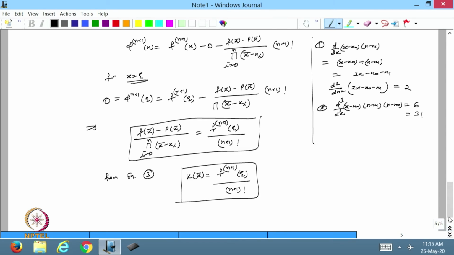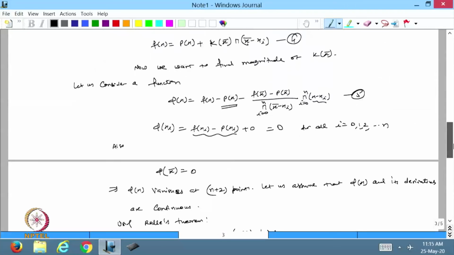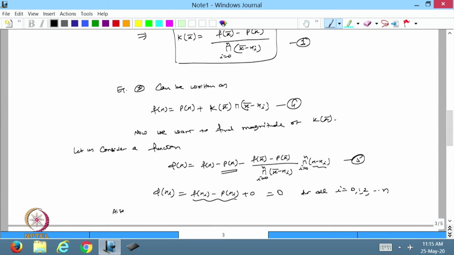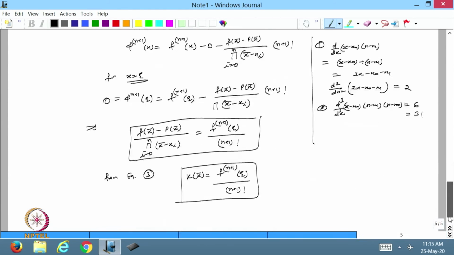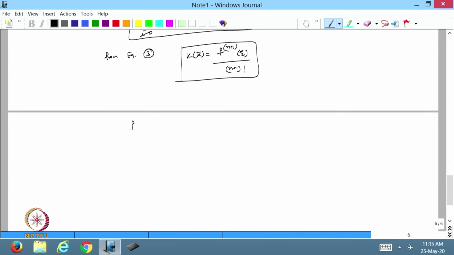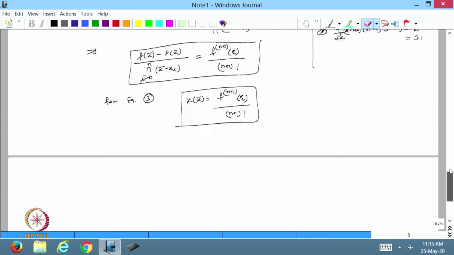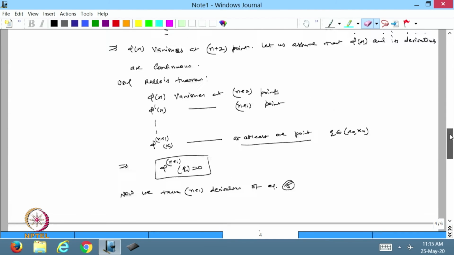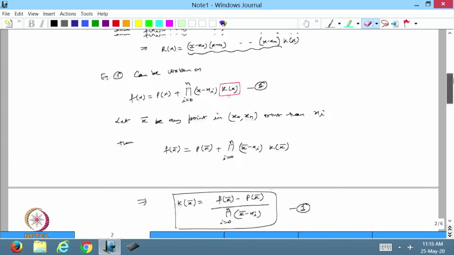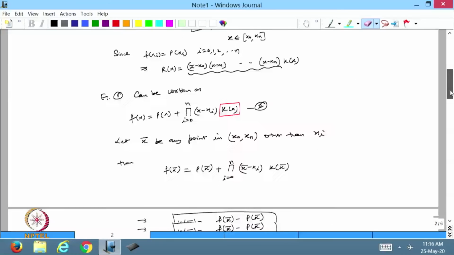Now, from equation number 4, because my error is defined now, this is my R(x).